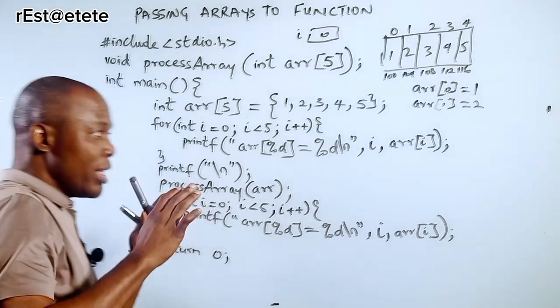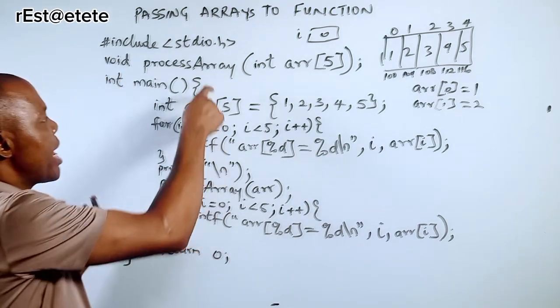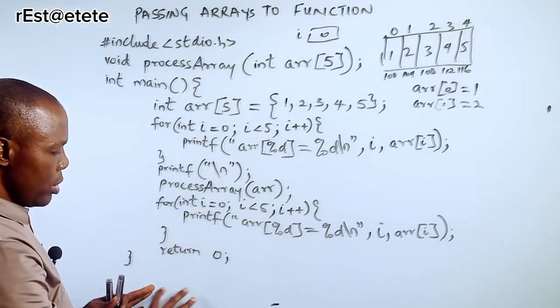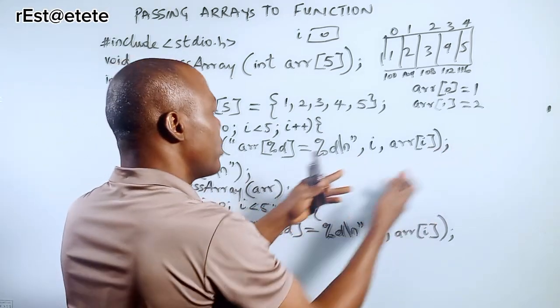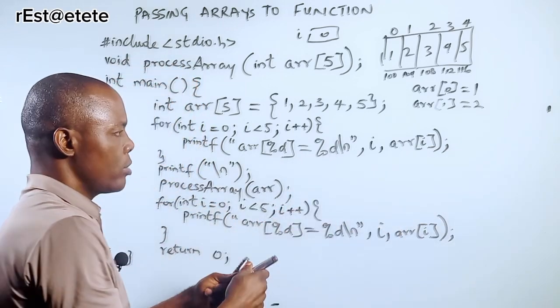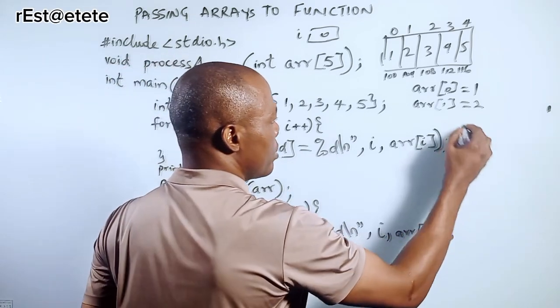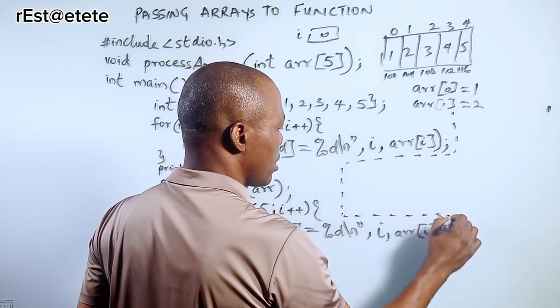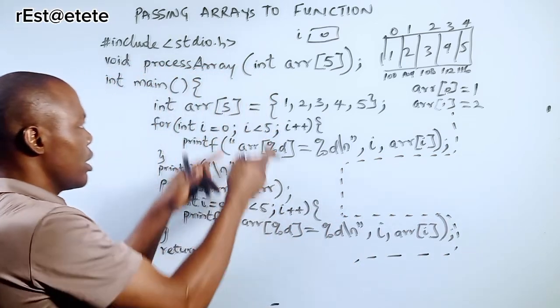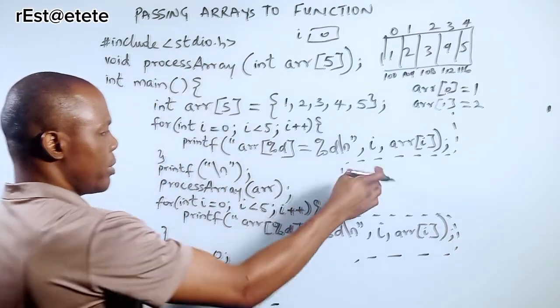All right. So the next thing I'm going to do is I will now have to define this function. You will not be able to see it here. So I'm going to bring it here so that you'll be able to see it. So this function, which is the process array, is what I'll write here.